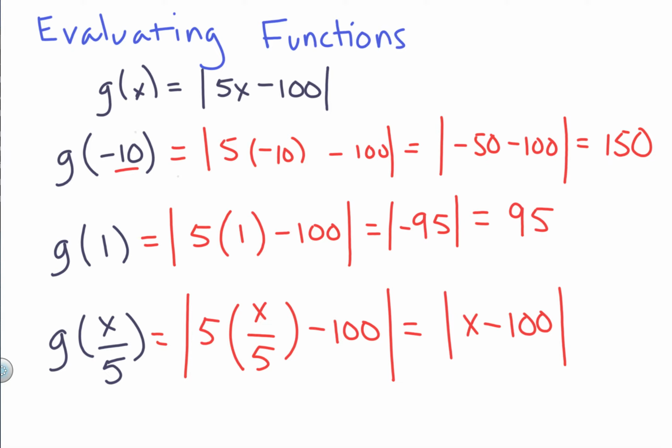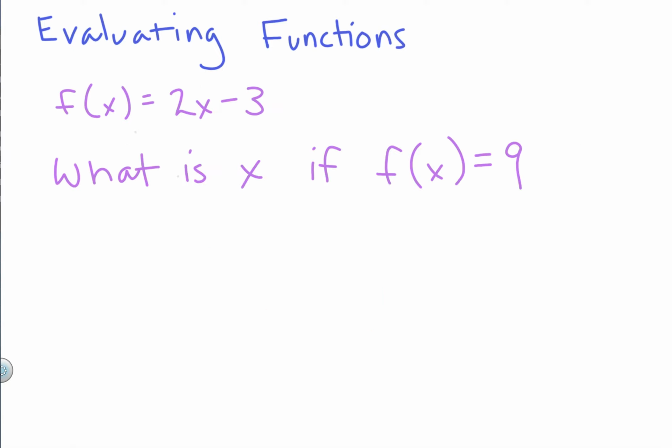We go to our next example. It's similar. What it's doing though is giving you the end result, and you have to find what x was plugged in. So what we're looking for is what is the value of the x in here that yields this 9.